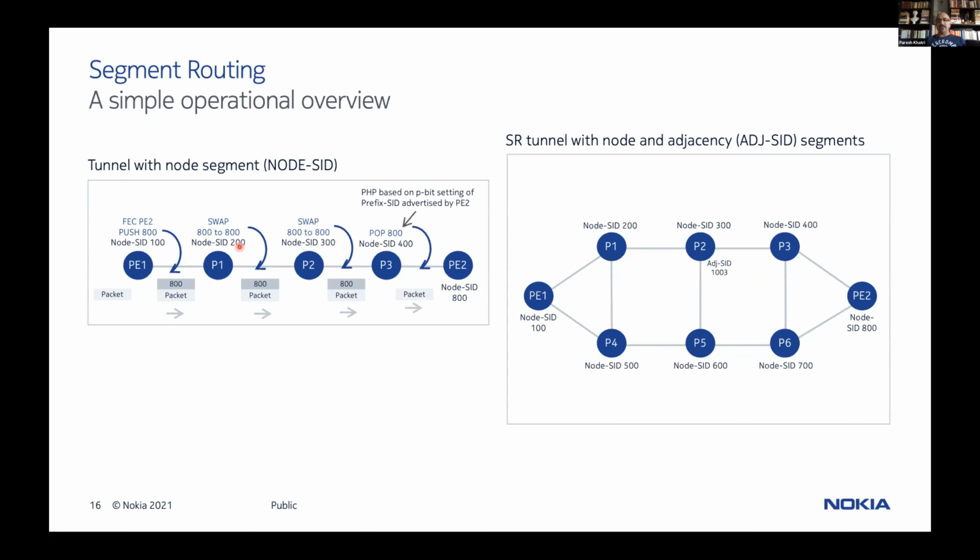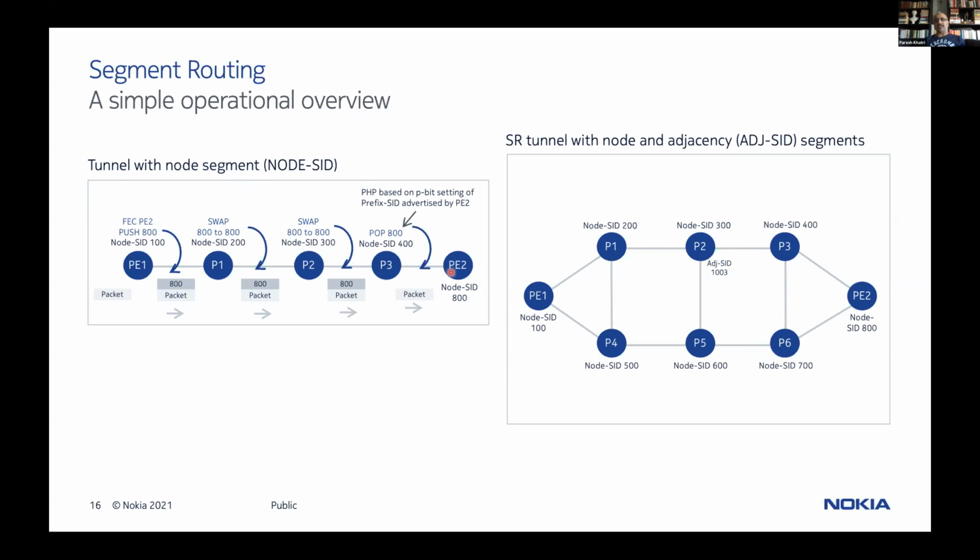It goes to P3. Now, P3, if you're using MPLS networks, would have the option of doing what we call a penultimate hop pop. A bit of a mouthful. What it means is that because it's the last node before the egress node, there's no need for the label.